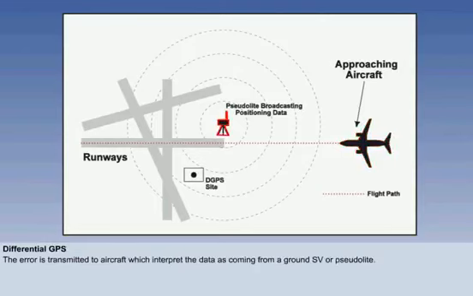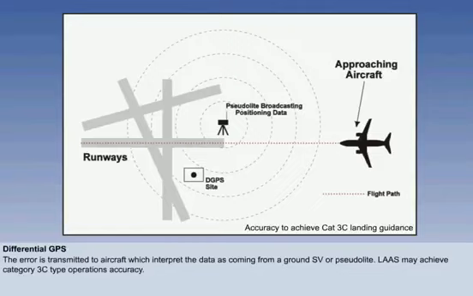The aircraft interprets this as a transmission from a space vehicle on the aerodrome, known as a pseudolight. When the aircraft is close to the aerodrome, the DGPS site, the ionospheric and tropospheric conditions will be virtually identical, and therefore these errors are eliminated. LAAS has the potential to achieve Category 3C type operations.